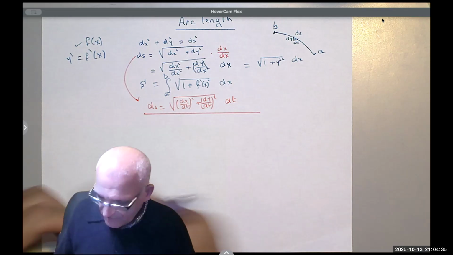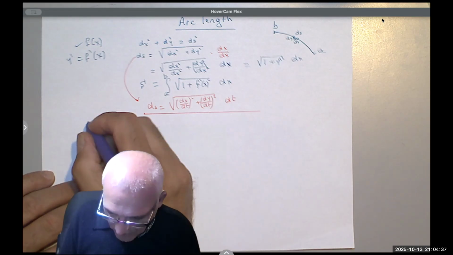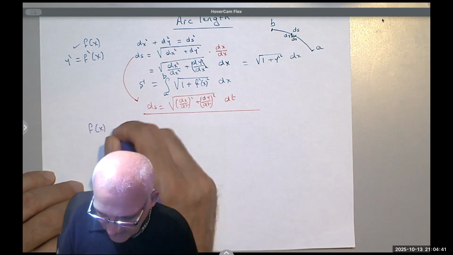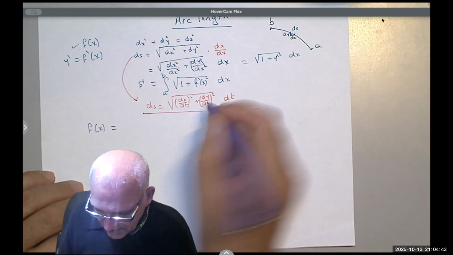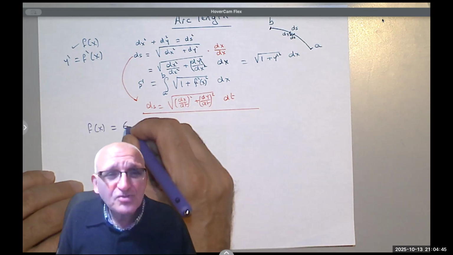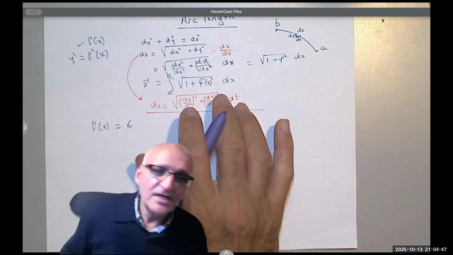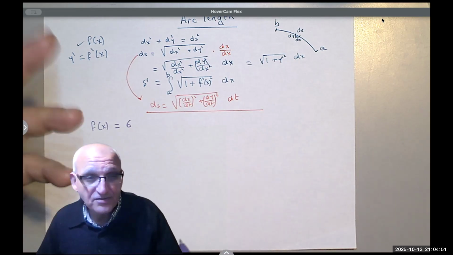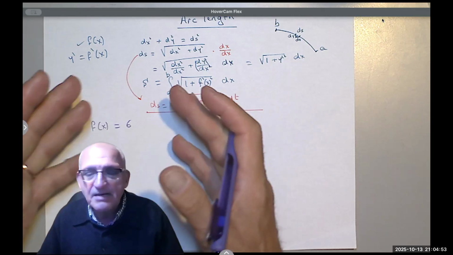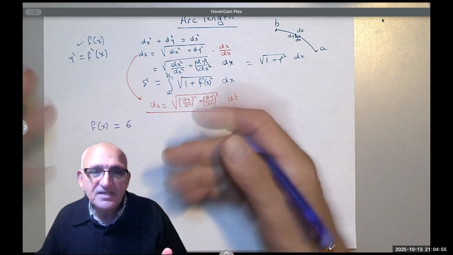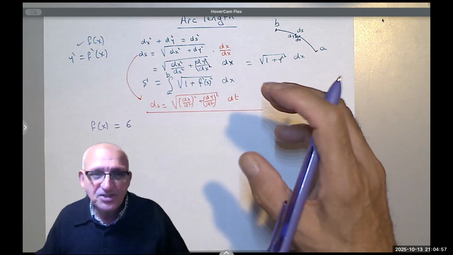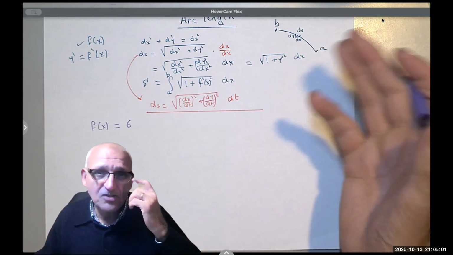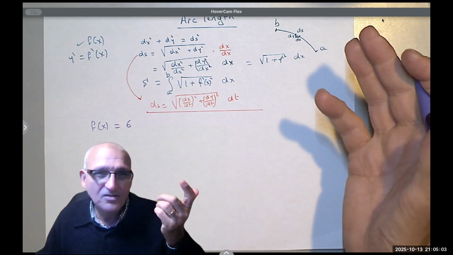So here we say, suppose I want to have the length of a function f of x that equals, let's say, most of these problems, by the way, will involve integrals that are hard to integrate. So we take an easy example, but in the worst case scenario, once you come up with the equation or with the integral and you see that it's really hard to do, you can use a computer to find the length. So it's not really a big deal.